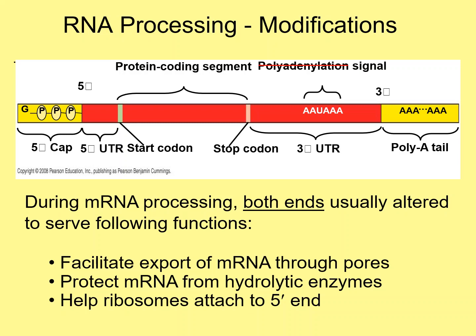So the poly A tail is there to protect from those hydrolytic enzymes. It helps get the mRNA out of the nucleus. And the 5' cap that's added to the start end, the beginning of our pre-mRNA molecule, also helps get the mRNA out of the nucleus, and also helps the ribosome attach to the starting end, which is the 5' end, because that is where we had the start.